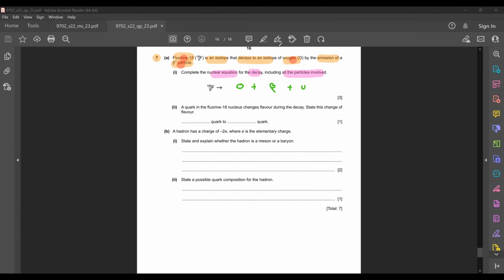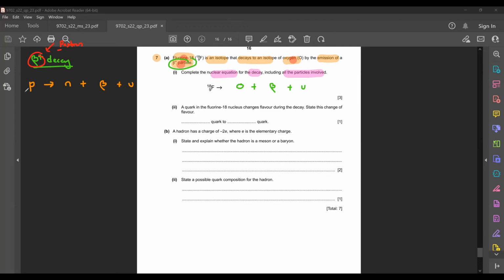Now, you should note that a beta plus particle comes from beta plus decay. So beta plus is actually your anti-electron, or your positron. It starts with P. So as I mentioned previously, if it starts with P, then it must be a proton changing to a neutron, giving you your beta plus and your electron neutrino. So let's fill in the proton number and neutron number here first.